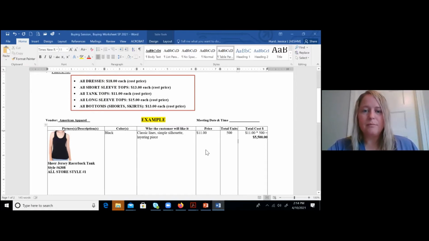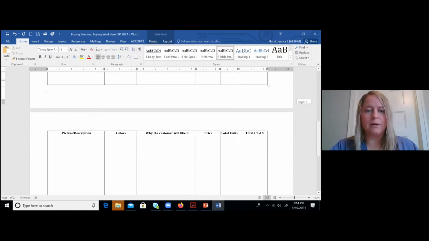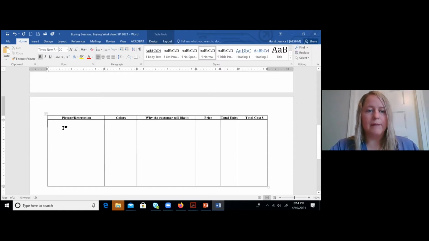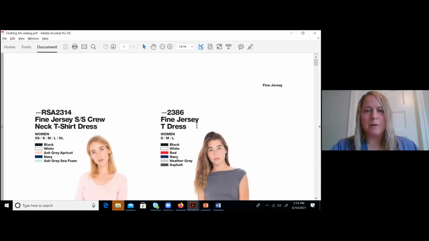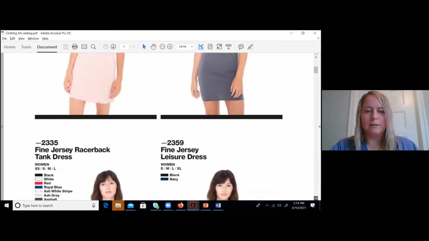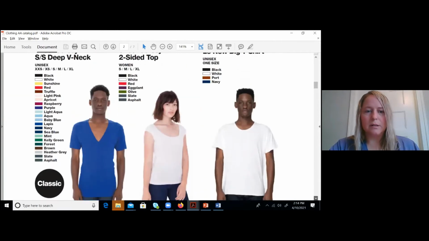So what I'd like to do, we'll do another example here. I'll show you. I'm just going to go down here in my table. So what I did is I came into this PDF file, and let's scroll down and find the style that I want to put in.